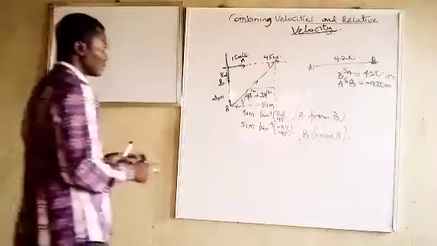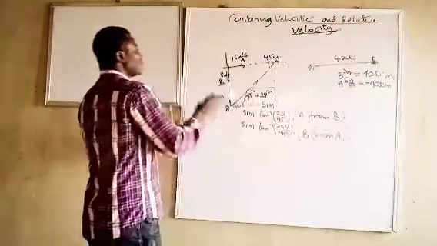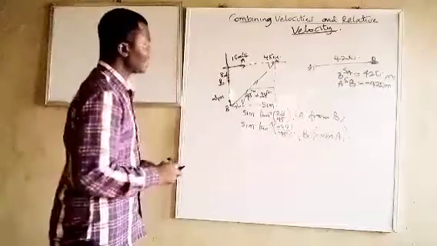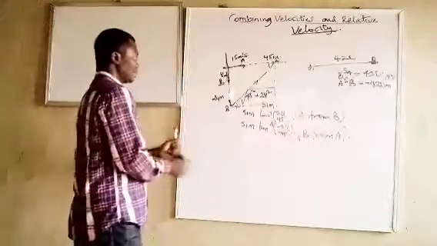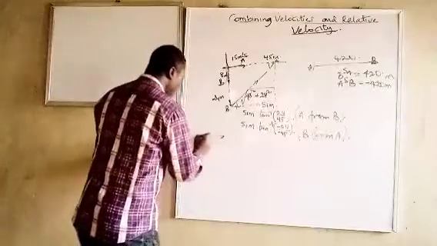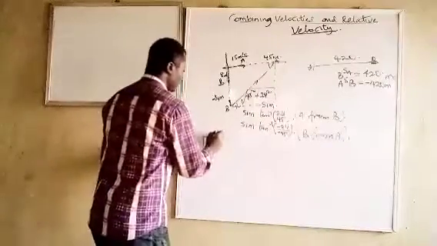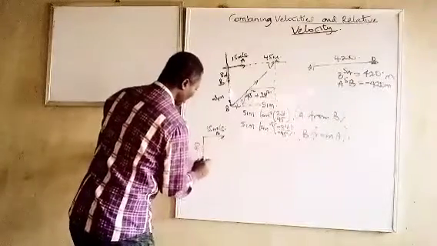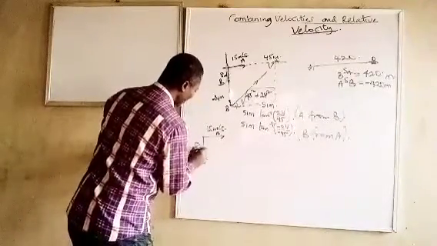Now, with this, we could have easily gotten this answer straight, just from relative velocity. We have a like this, and b like this. A, that is 15 meters per second. B is 8 meters per second.